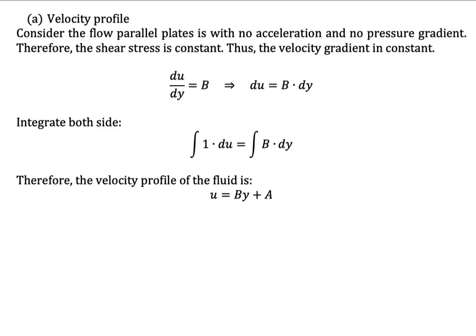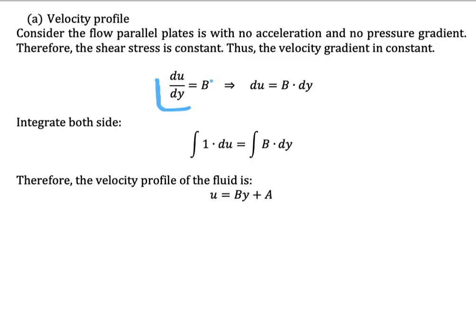Okay, so we go for this one first. We need to create an equation for the velocity profile. Because the question directly asks to calculate du/dy, du/dy will have a certain value, because if you write du/dy equal to 0, it means there is no change of velocity profile.